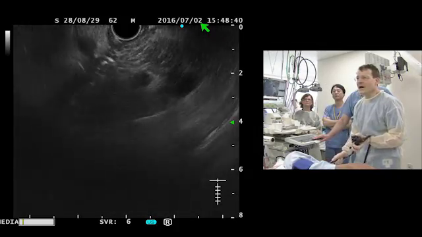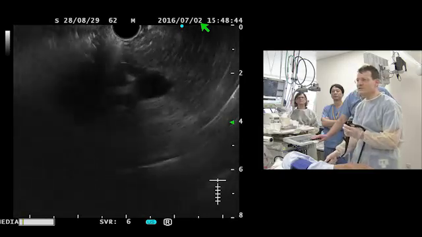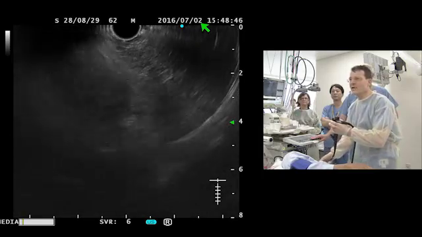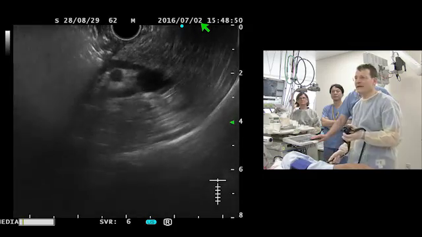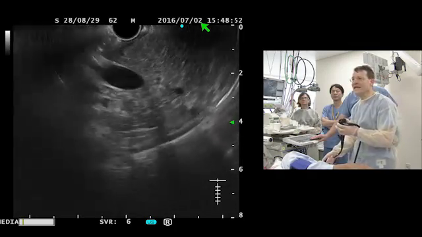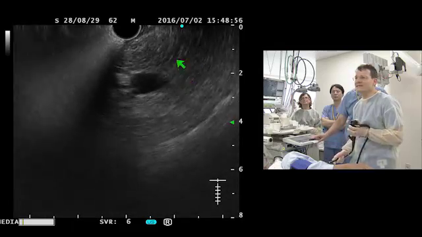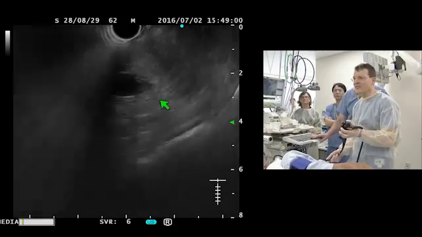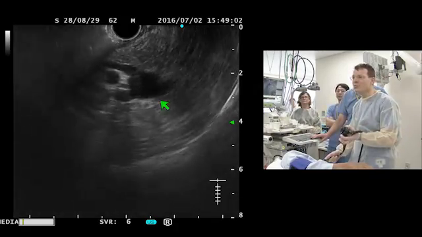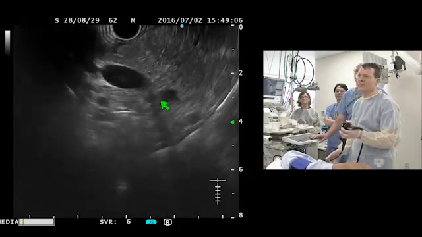So now, Rob, we will check if we find some typical structures here. In the area of the pancreatic head, we suspect the portal vein. And usually sometimes you can see the ventral pancreas, which appears a little bit echo-poor, and the dorsal pancreas appears a little bit more echo-rich.